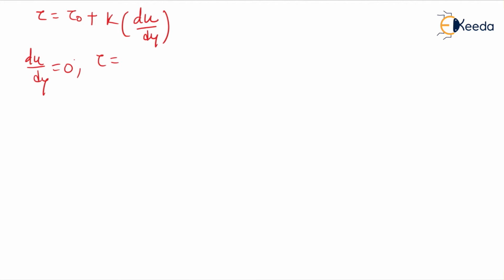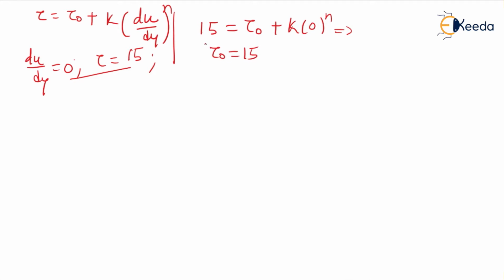So let us write 15 here. These are the boundary conditions. If we use them in this equation, we get 15 equals tau naught plus k times 0 to the power n. That means tau naught is equal to 15.